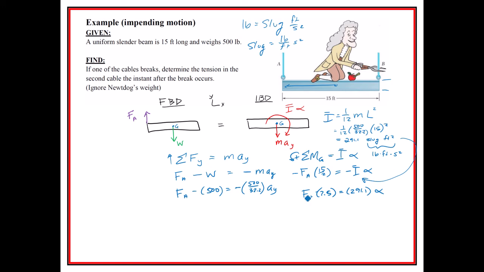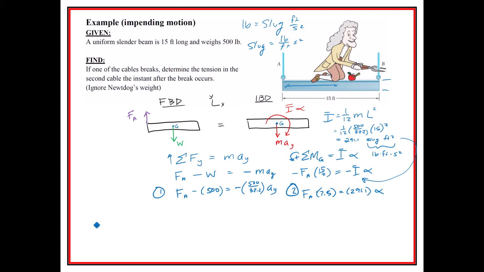So we have two equations, but we have three unknowns. We could call this equation 1, and this is equation 2. I could probably write out what that 500 divided by 32.2 is, but I didn't.